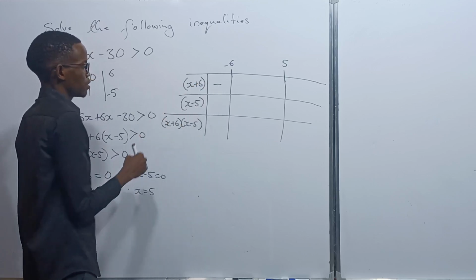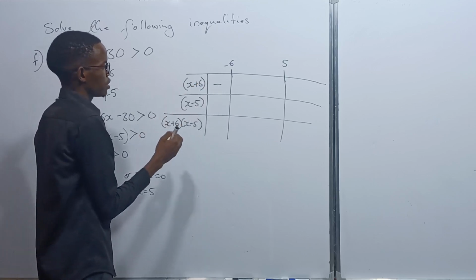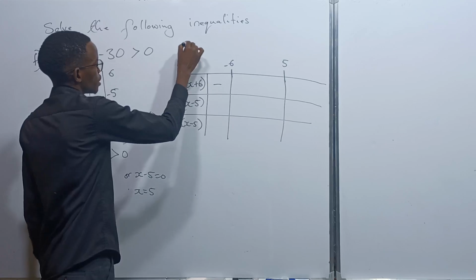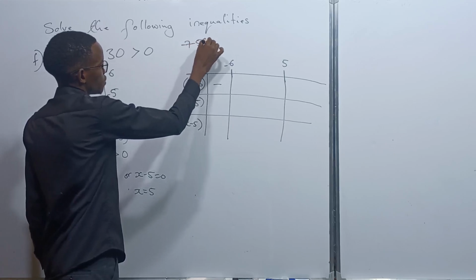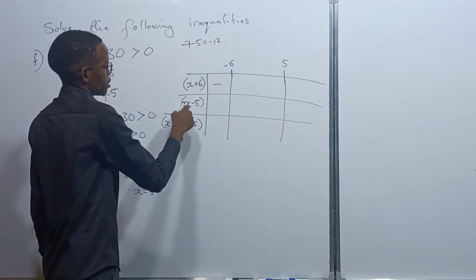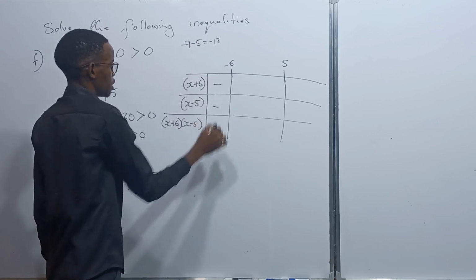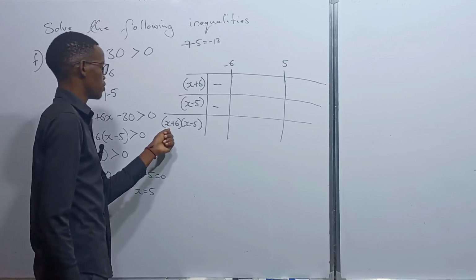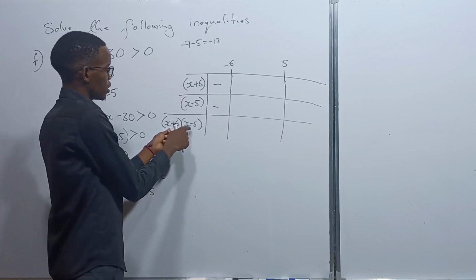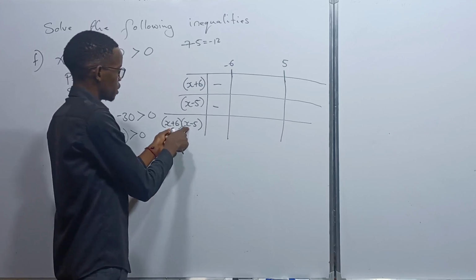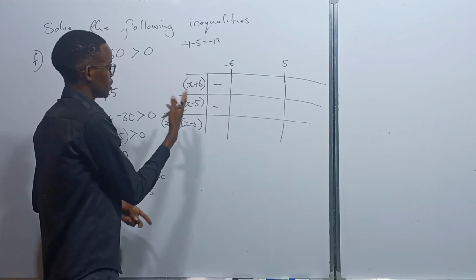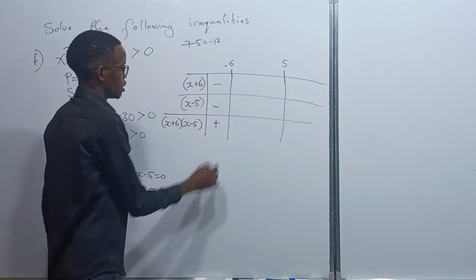When we put negative 7 in x minus 5, we get negative 12, which is a negative number. So negative 12 times negative 1 gives us a positive number.